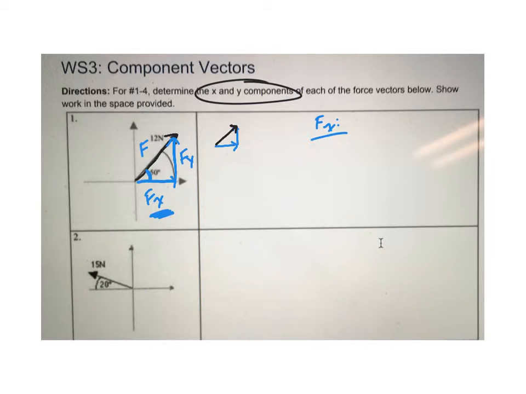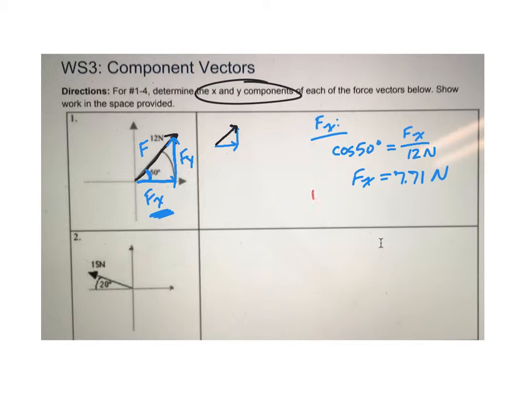So the cosine of 50 degrees equals the ratio of the force in the x direction divided by the total force, which is 12 newtons. If you did this on your calculator, the cosine of 50 times 12, the force in the x direction is 7.71 newtons.